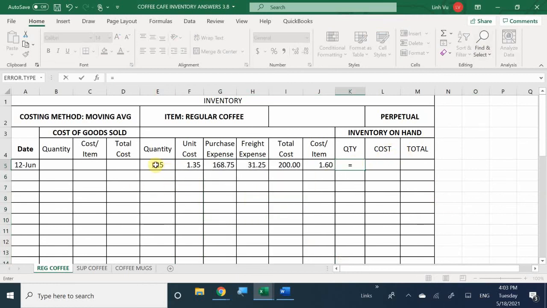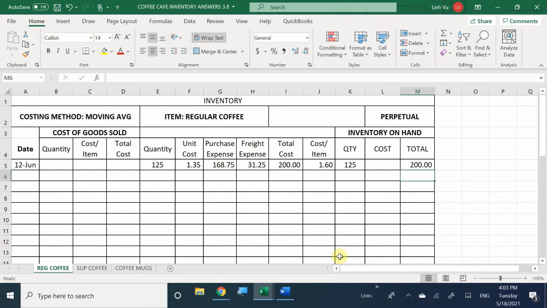So we're pasting over the quantity, and we're going to paste over the total cost, not the cost, because we are dealing with moving average. In this one, which calculation are we constantly recalculating? The cost per item. No matter when we make a purchase of inventory or make a sale of an item, you're constantly recalculating the average cost per item.